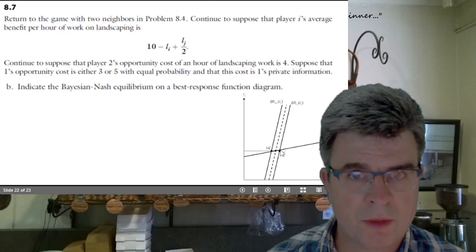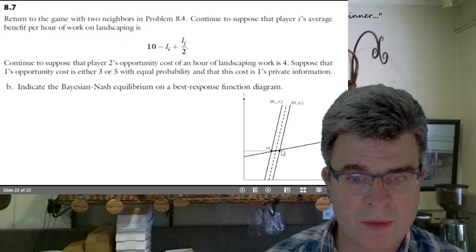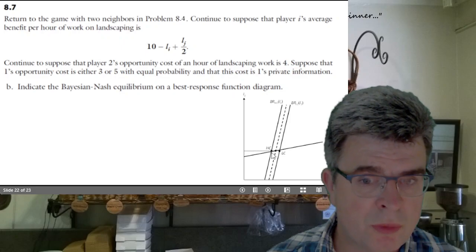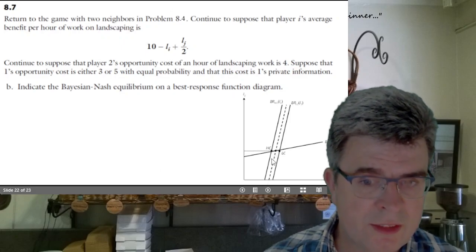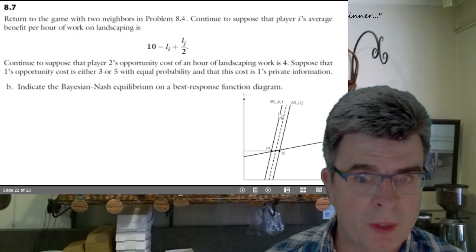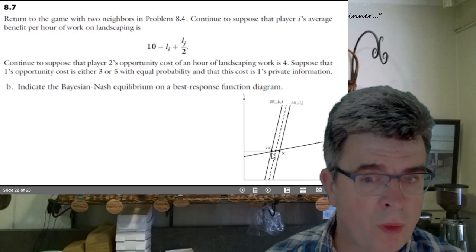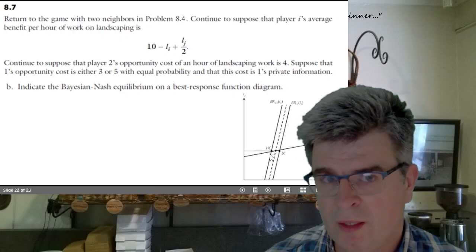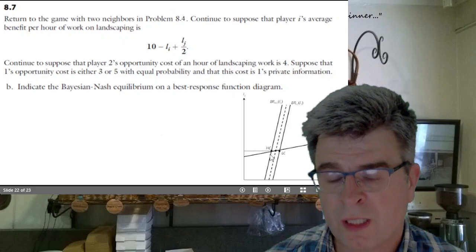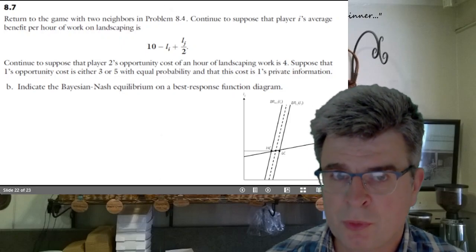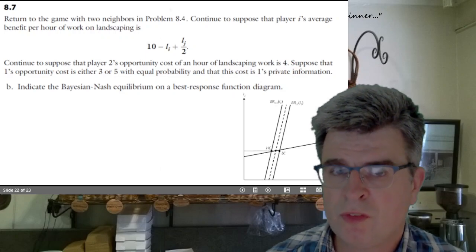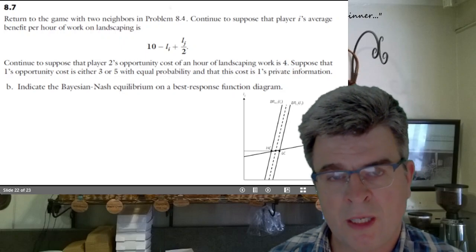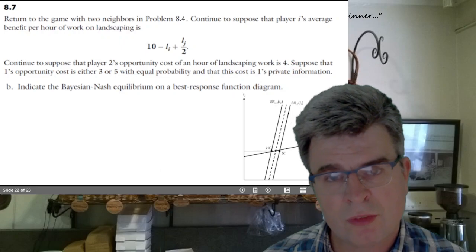So if you know that your neighbor spends a lot of time on the garden, then you also want to spend somewhat more. Whereas if you know that the neighbor has the high opportunity cost, then you know that this is the best response function of neighbor 1, and you as neighbor 2 will also reduce your effort level. So long story short, if you are of the low cost type, saying, okay, I don't have a lot of opportunity cost, then you want to reveal this information to your neighbor, because we already told in exercise 8.4 that the effort levels are complements.